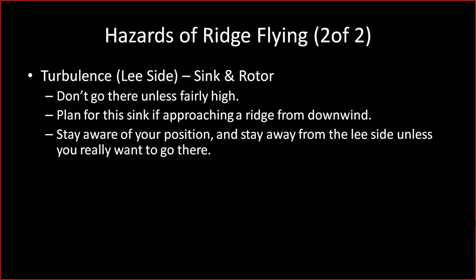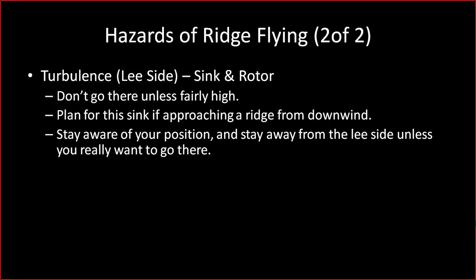In my book, there's no excuse for crashing because you arrived at a ridge too low. But be aware of where you are. Sometimes people end up on the lee side of a ridge just because they weren't paying attention. They just let themselves drift over. Maybe they were following a weak thermal and let themselves lose their safe glide back to the upwind side, and their thermal falls apart just downwind of the mountain, and now they have no out other than go around the mountain or go downwind.